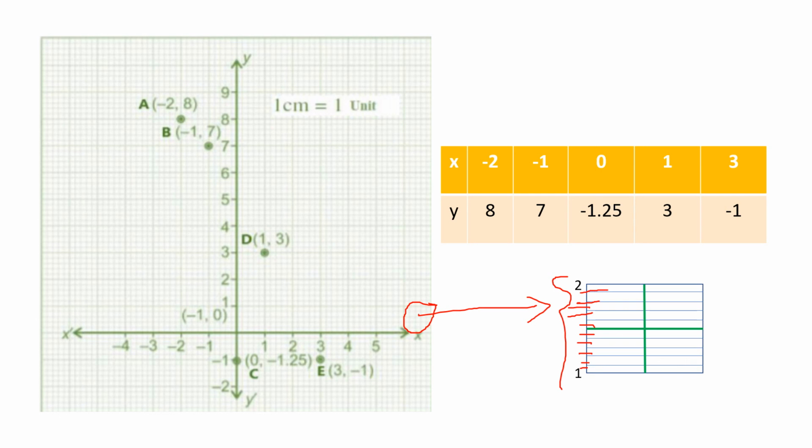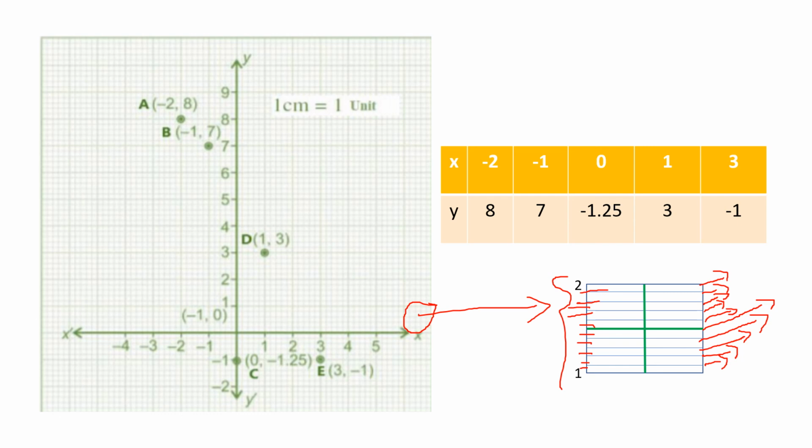So that means 1 to 2. If you want to go from 1 to 2, how will you count? This as 1.1, this as 1.2, this as 1.3, this as 1.4, then this dark green line as 1.5, then 1.6, 1.7, 1.8, 1.9 and then 2. That is how we count, right?